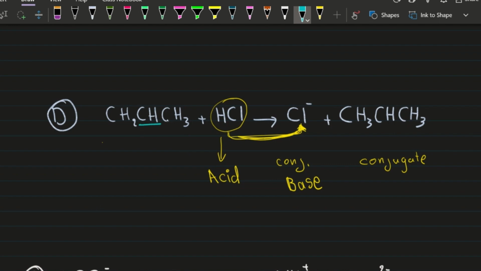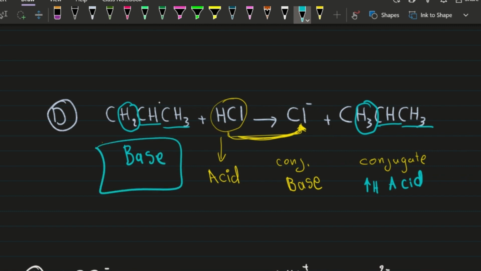This one is a bit tricky. Okay, there's more hydrogen here, so it is going to be your conjugate acid. This one has less hydrogen, so this is going to be your base. This is how you label these.